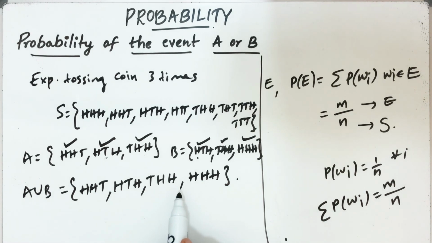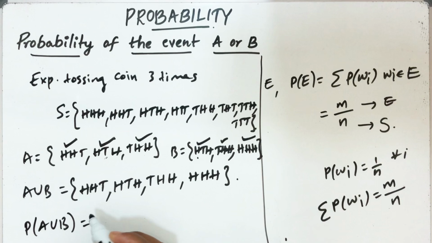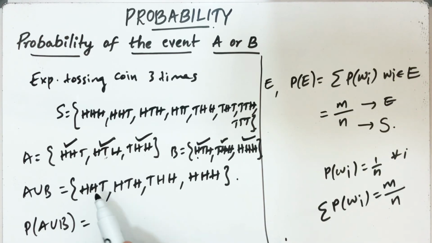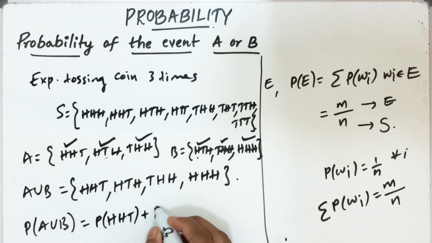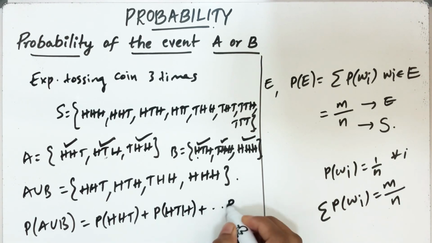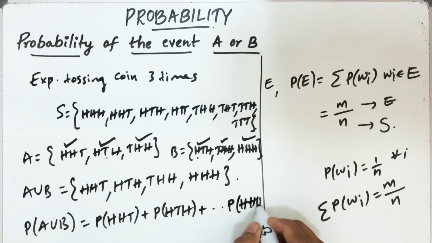Then what is P of A union B here? P of A union B is equal to, by definition, sigma P of Wi. Wi is HHT, HTH like that. So this is P of HHT plus P of HTH plus etc. plus P of HHH. So here 4 elements.